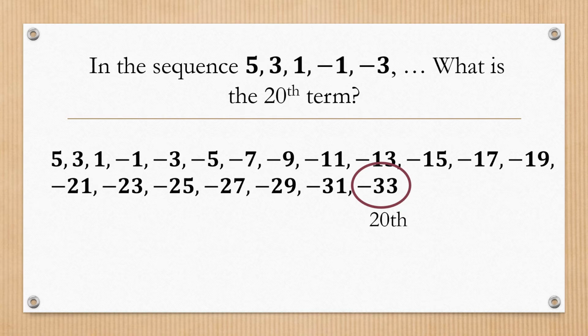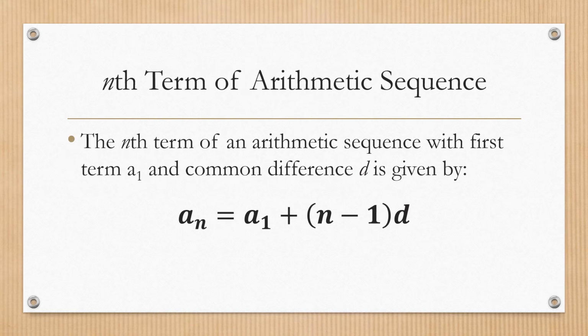But there is another way of finding the specified term of an arithmetic sequence, and that is through using the nth term of an arithmetic sequence. The nth term of an arithmetic sequence with the first term a sub 1 and the common difference d is given by a sub n equals a sub 1, which is the first term, plus the quantity n minus 1 times d.